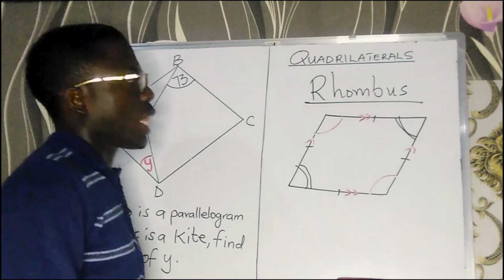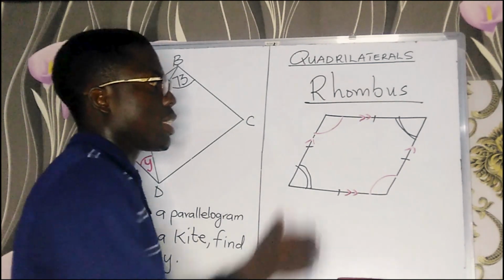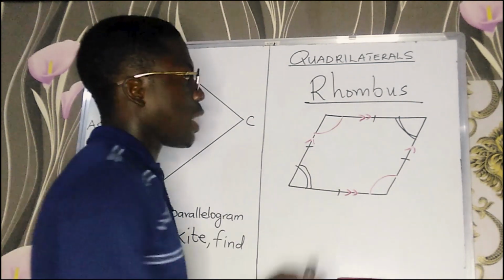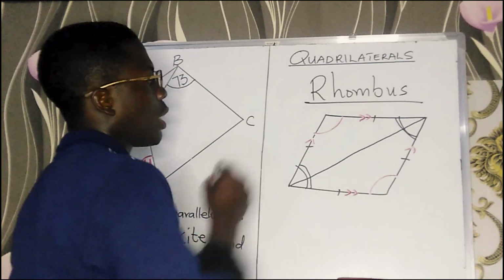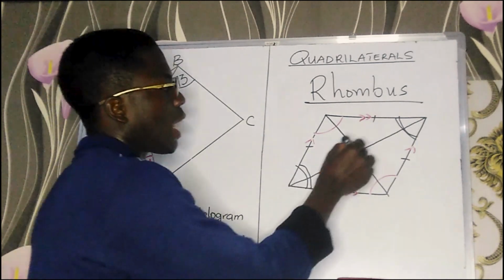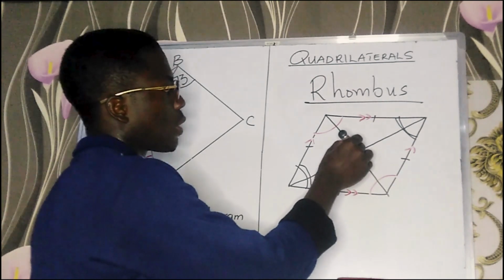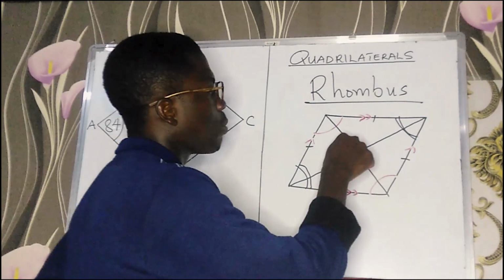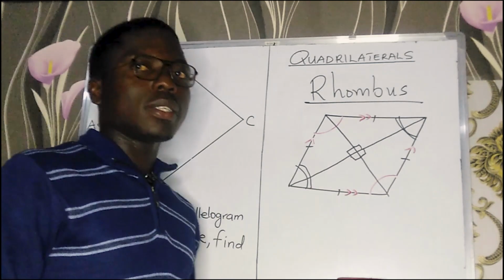And our next property of a rhombus is that diagonals intersect at right angles. So the line that divides the diagram this way and the line that divides it this way intersect at right angles, which means that their intersection forms 4 angles which are 90 degrees.